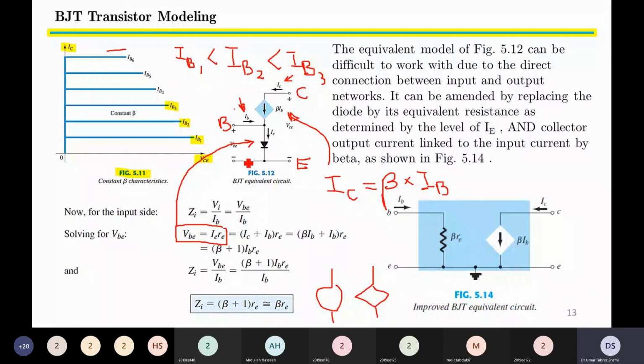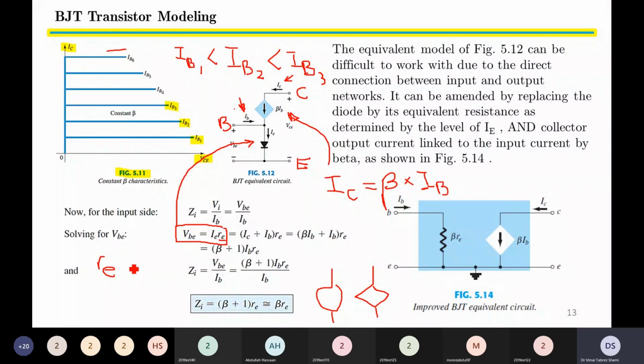For this, let us look at figure number 5.12. VBE, voltage between base emitter, is equal to current flowing through the diode times the resistance of the diode. The resistance of the diode is represented by Re. Re represents the diode resistance, and IE represents the total current flowing through the diode.